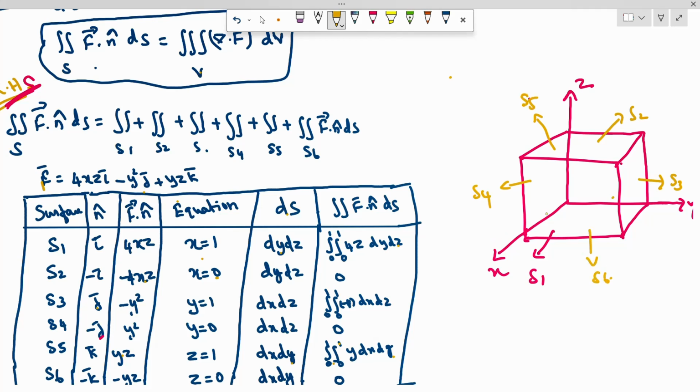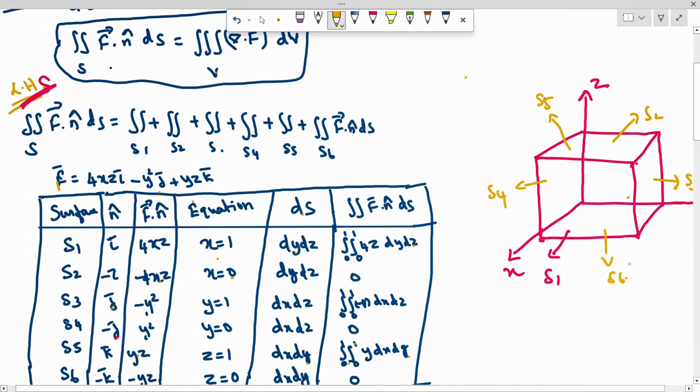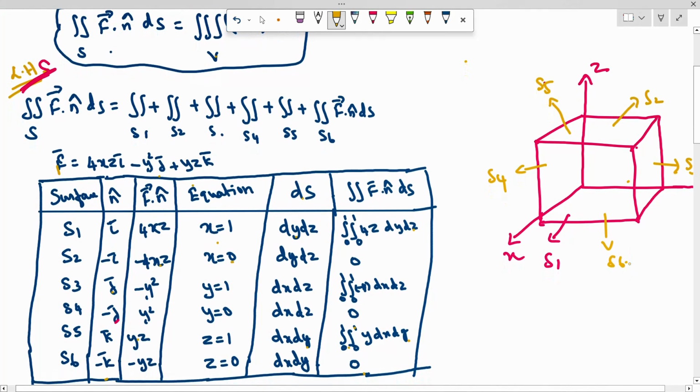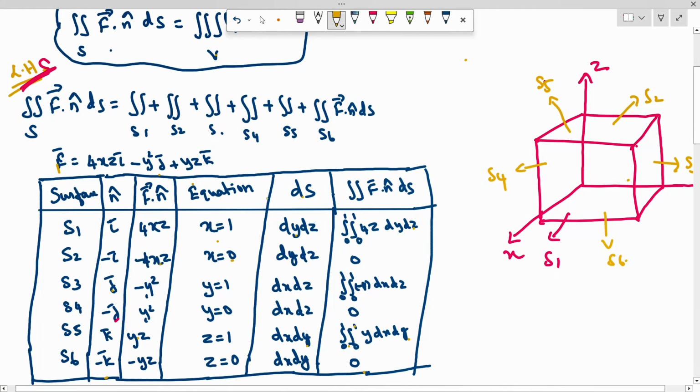All the 6 sides are closed. In the left hand side part we have to find the value one by one from S1 to S6. Before we start to solve the problem, if we form one table like this, we can easily find the solution.